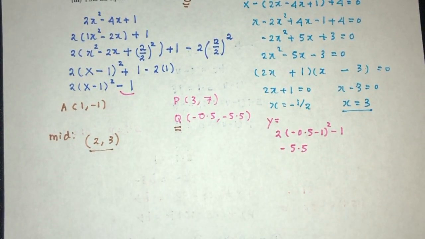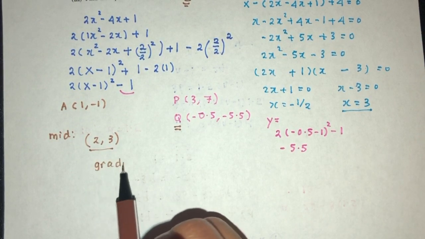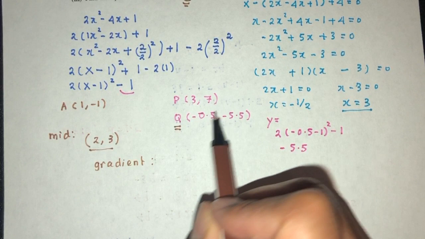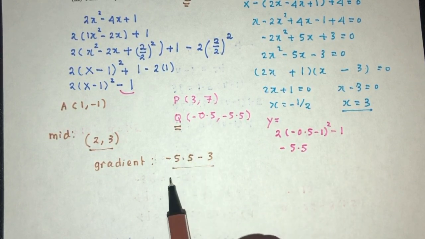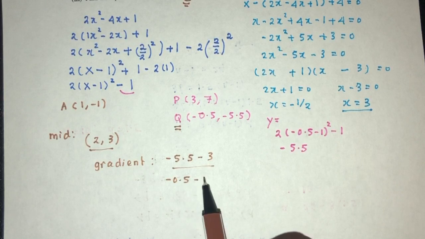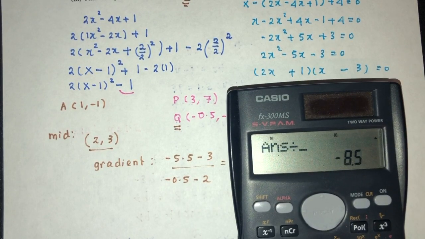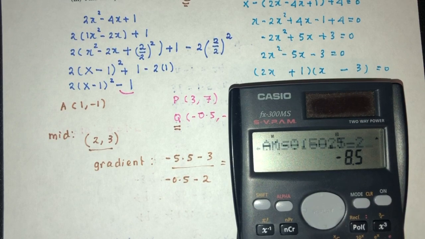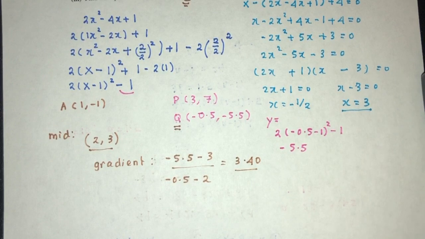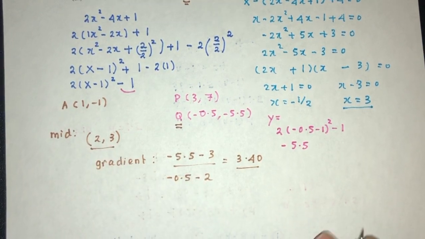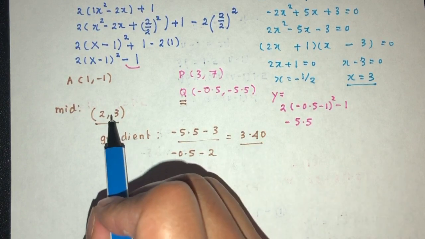So how do you find the equation of a straight line? You have to find the gradient. So gradient, pretty easy. That is y2 minus y1, so minus 5.5 minus 3, over x2, minus 0.5 minus this. That will be 3.4. This is the gradient of the line. Now, to find the equation of a line, we have to use a passing point and the gradient.